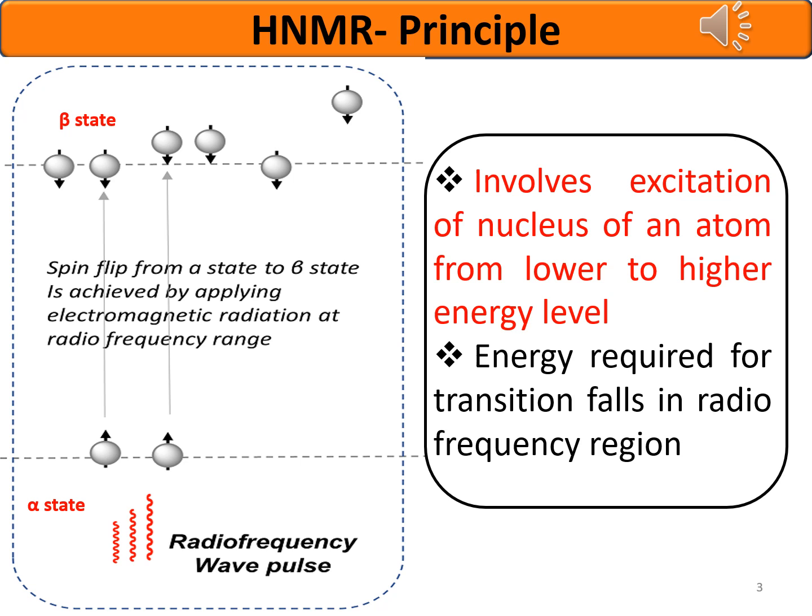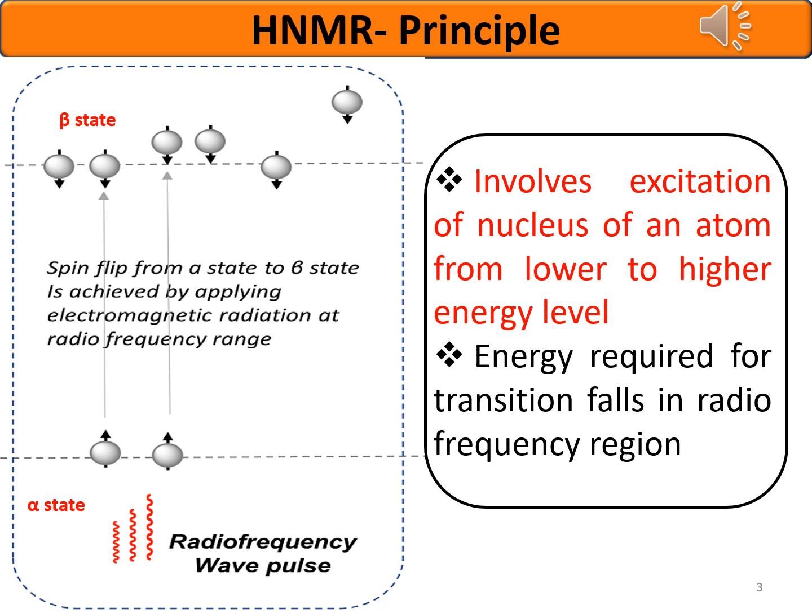Here the ground state is designated as the alpha state and the excited state as the beta state. The energy required for this transition falls in the radio frequency region of the electromagnetic spectrum.